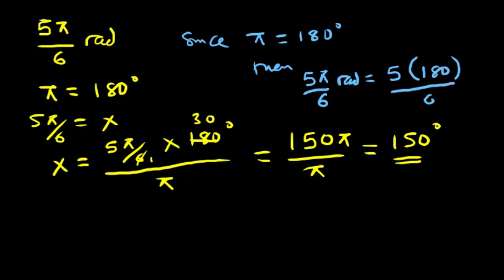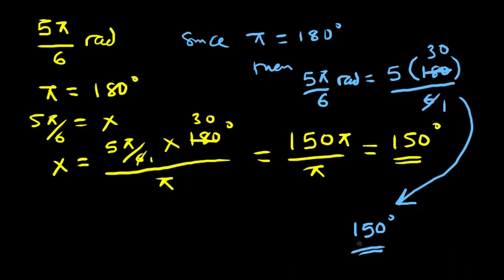So this divides by 6 like that. Okay, let me continue writing there. Sorry, my work is a bit messy. So 6 there is 1. Then 6 into 180 is 30. So 5 times 30 gives us 150 degrees like that.